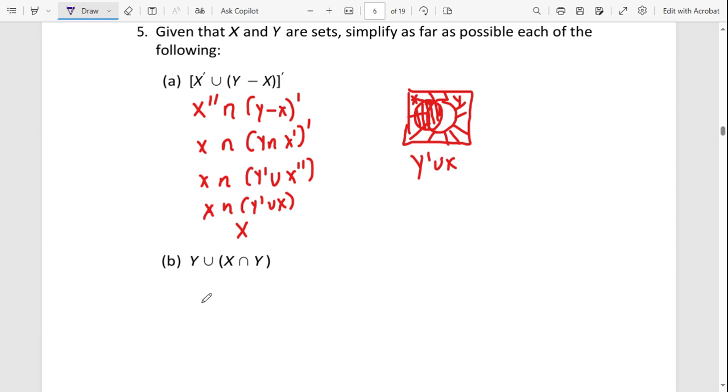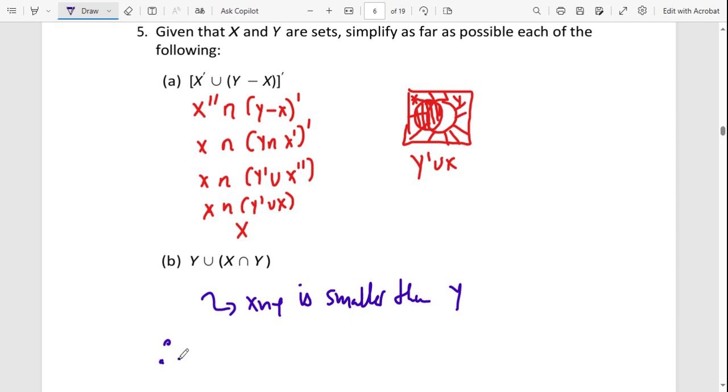The next one is saying y union x intersection y. So just ask yourself which one is a bigger set. So x intersection y is smaller than y.